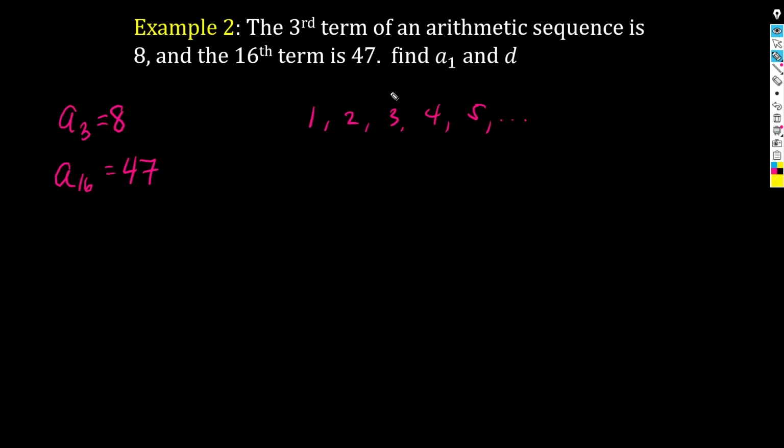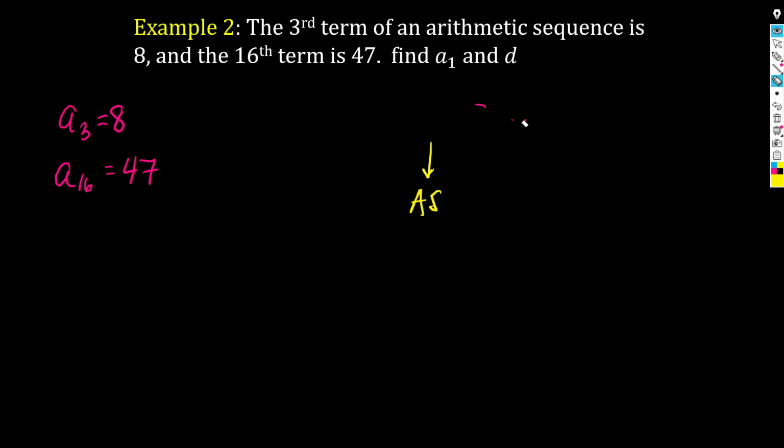If I pick out successive terms from within the sequence, let's say I take these 3 consecutive terms. Note how the entire sequence in pink, si 1, 2, 3, 4, 5, and so on and so forth, arithmetic sequence siya. But notice, if I take consecutive terms, however many they are, from within that arithmetic sequence, hindi ba yung terms na yun also form an arithmetic sequence? Tama, di ba? Arithmetic sequence din naman siya.